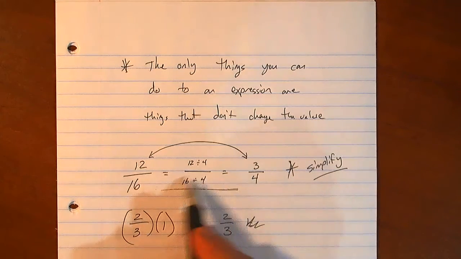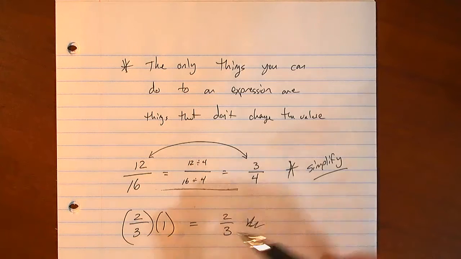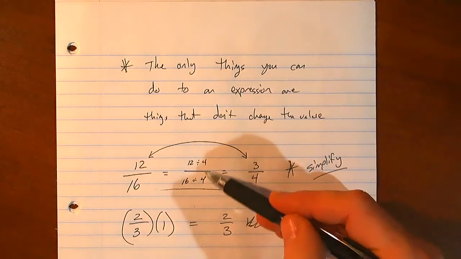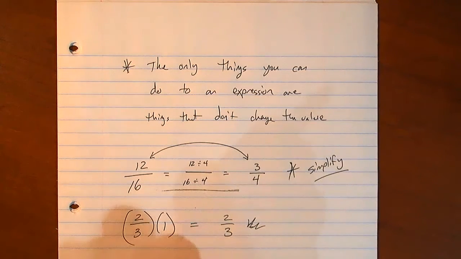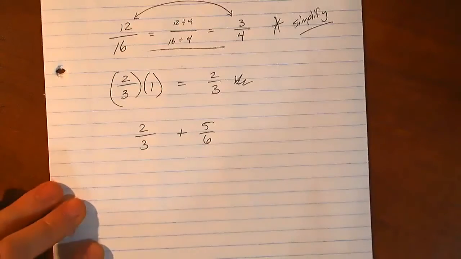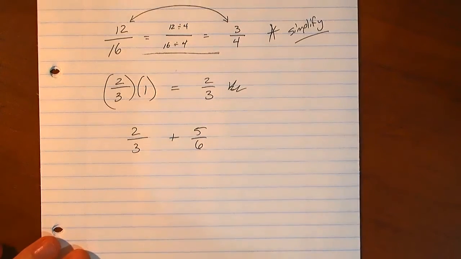For example, right here, to go from 12 to 16, when I'm dividing both by 4, well, 4 over 4 is the same as 1. So I'm really just dividing by 1. If I had two fractions that I was going to add together, we know that in order to add fractions together, you need a common denominator. Well, how would I get a common denominator?